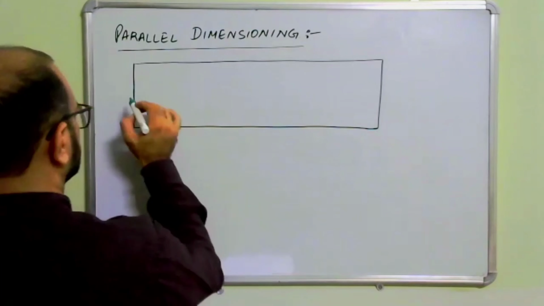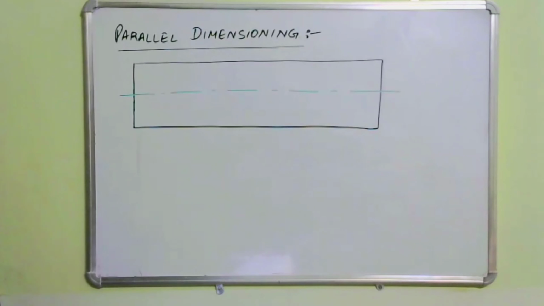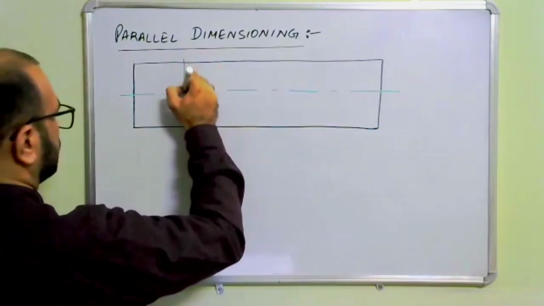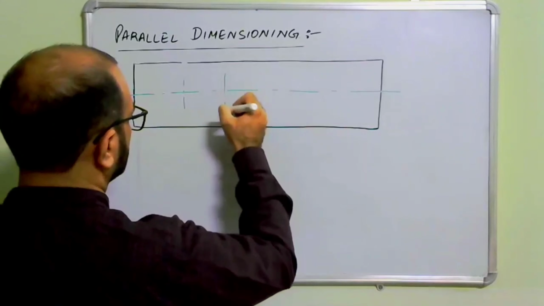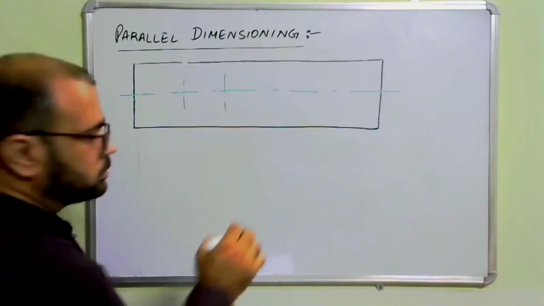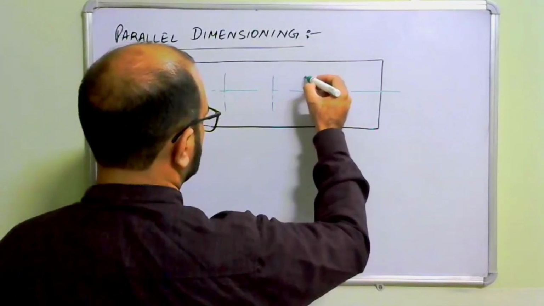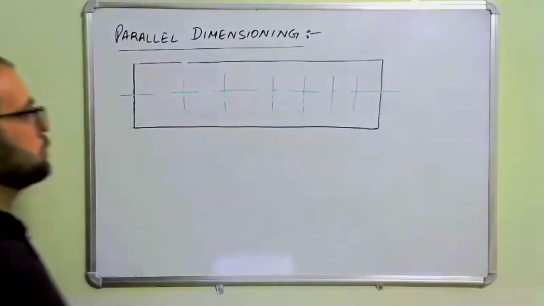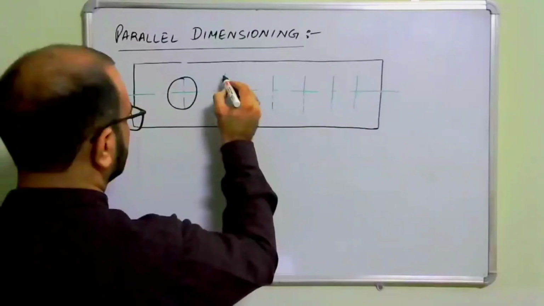Just draw a center line after this. And then you have different circles. You have to draw 6 circles here.